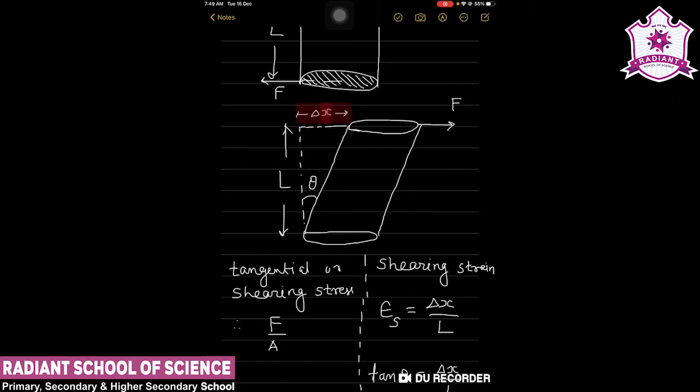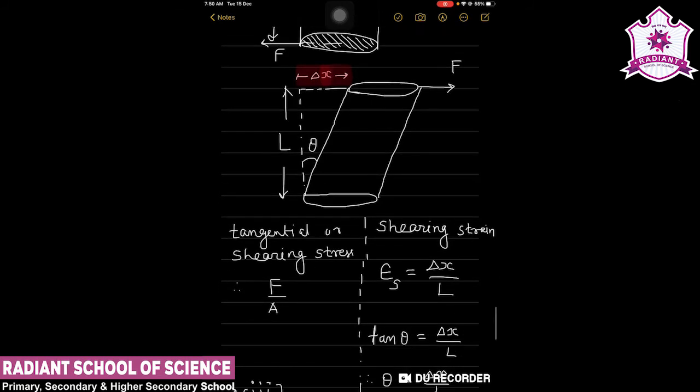So the shearing strain is given as delta x over L, and it is also defined by a very small angle, tan theta. We know from the figure that tan theta is opposite upon adjacent side. Here the adjacent side has length L, and the deformation is produced on the opposite side, that is delta x.